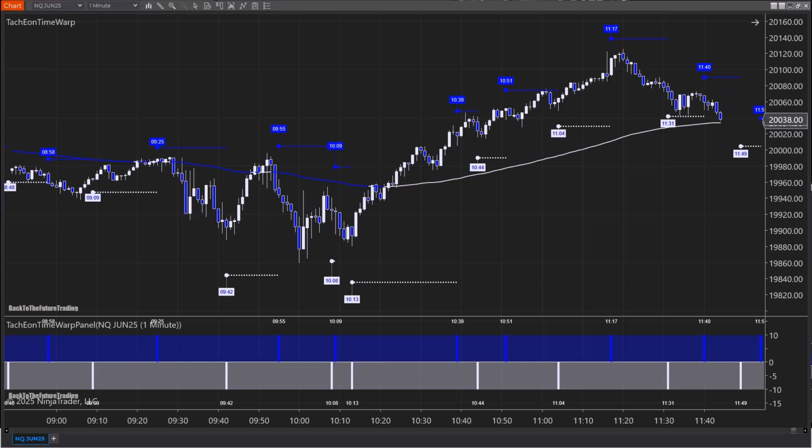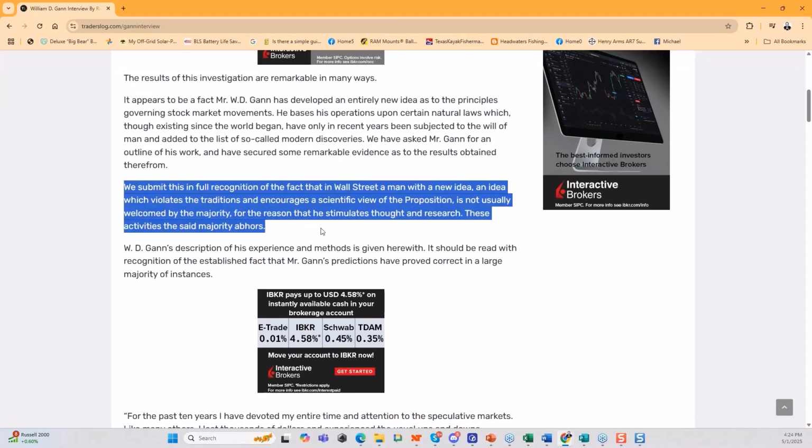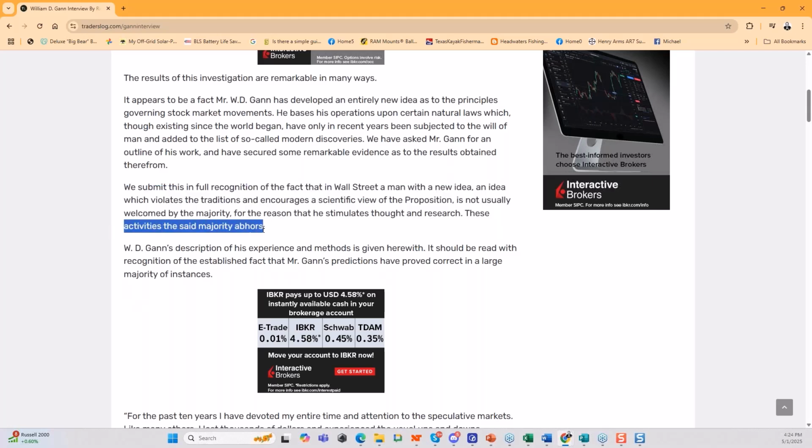When Gann was interviewed, demonstrating all of the things that they wrote about in the article, in the very next paragraph, the editor says very simply, I'm writing this knowing full well most of you knuckle-dragging mouth breathers won't learn anything because this requires you to use your brains. And he said, most traders in Wall Street hate thinking.